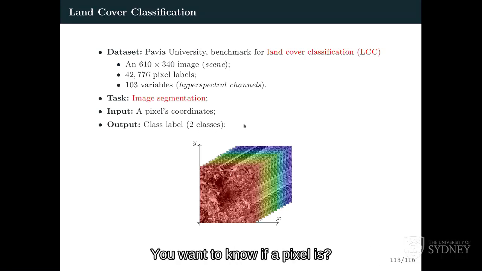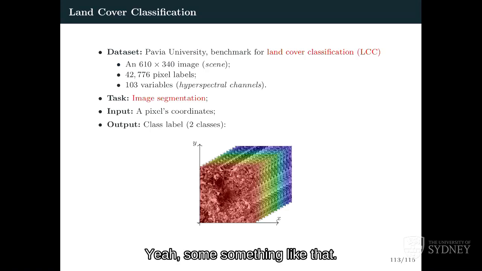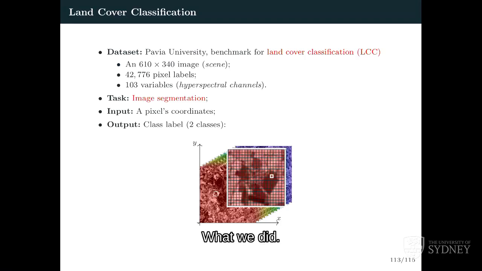For example, you want to know if a pixel is like a field of lettuce or a field of weeds.